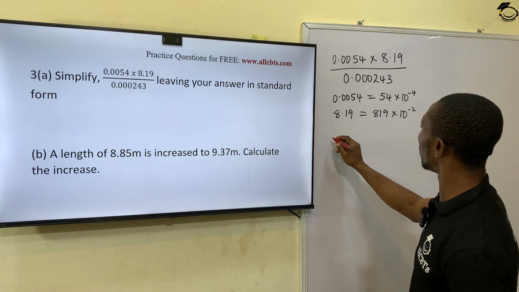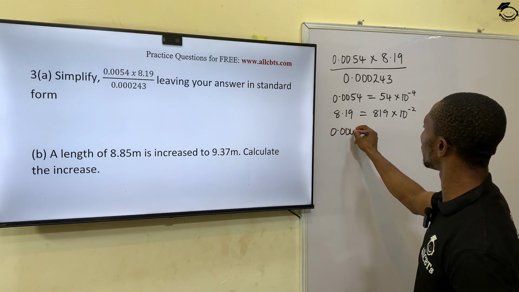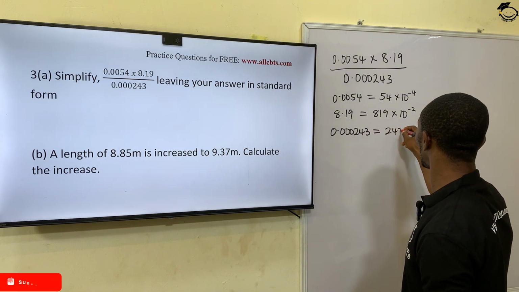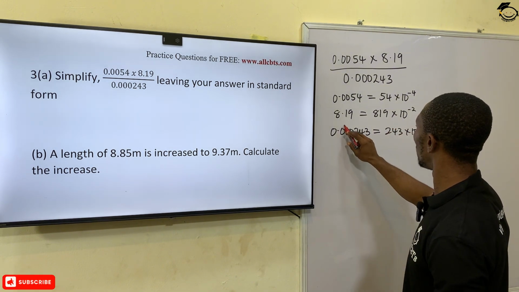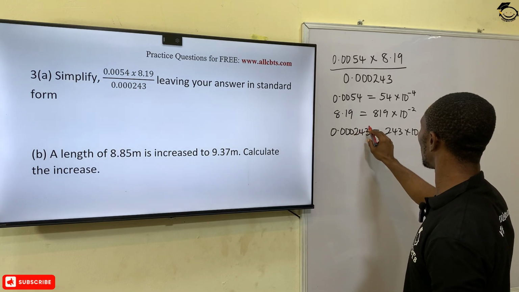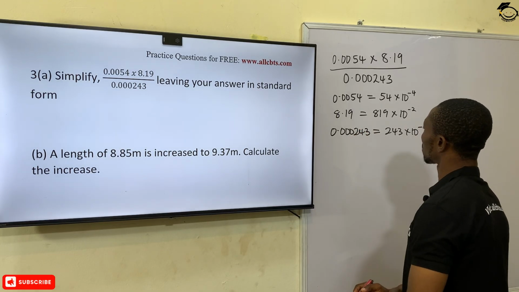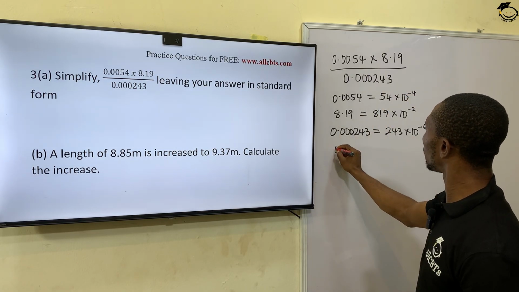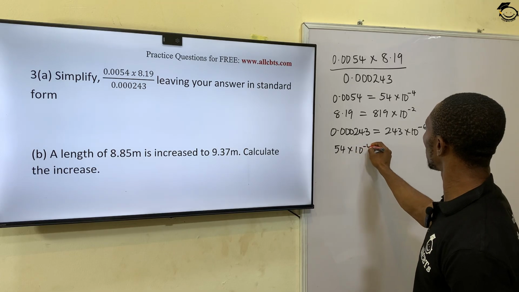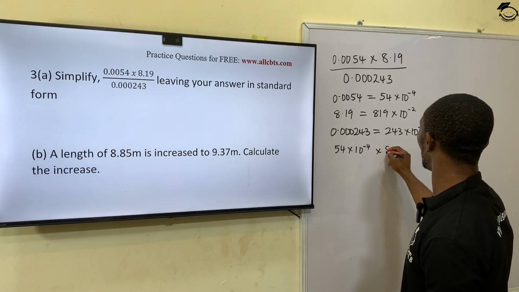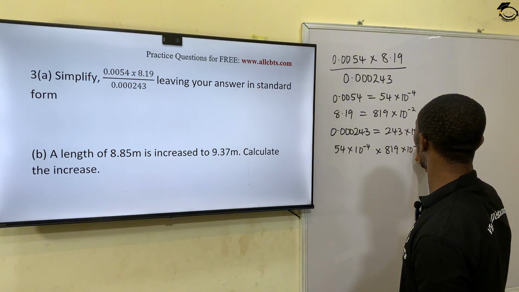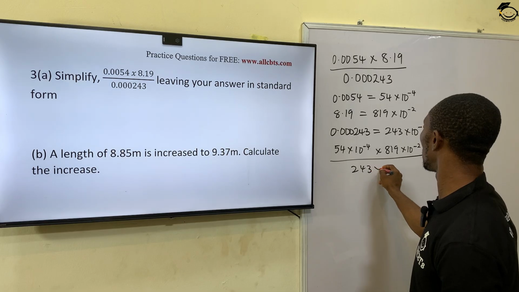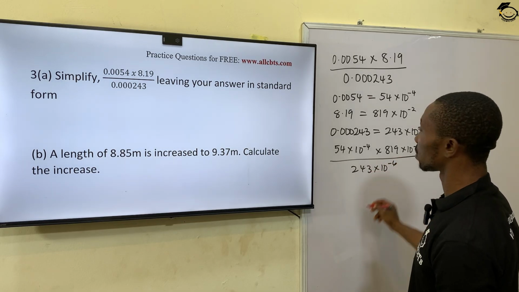And we have the next one as 0.000243, which would give us 243 times 10 raised to power minus 6. Now, replacing all this here, we have 54 times 10 raised to power minus 4 times 819 times 10 raised to power minus 2 all over 243 times 10 raised to power minus 6.